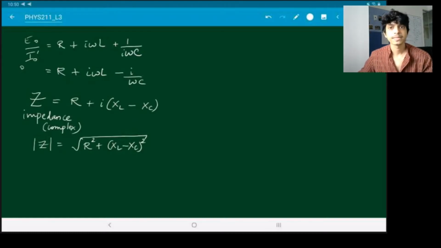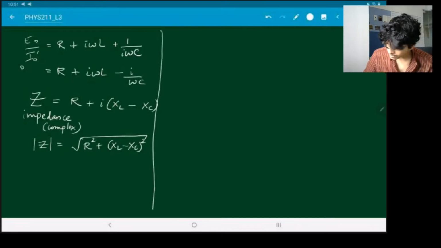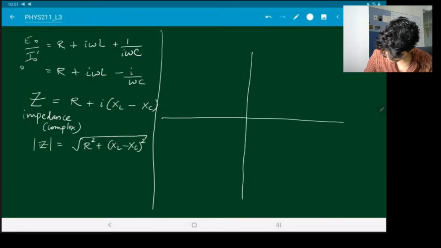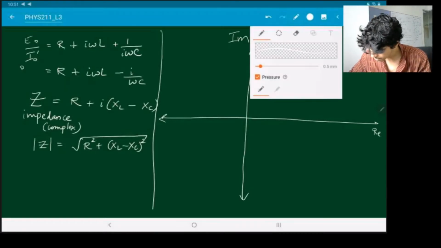So let's try and represent some of these quantities graphically. I'm going to be working in the complex plane, with real and imaginary axes. Let me denote, can I make a thicker pen?